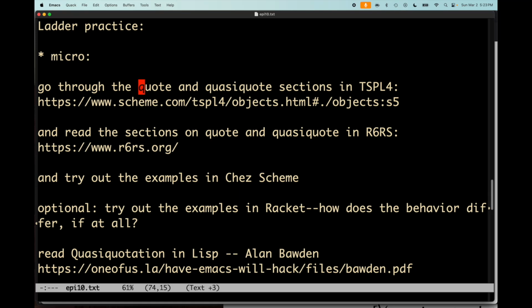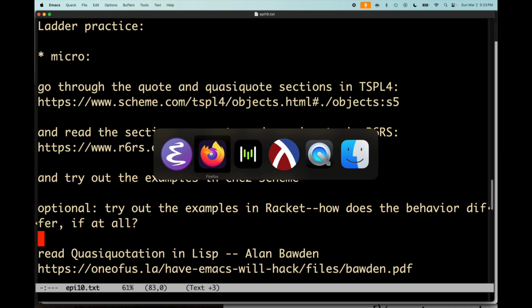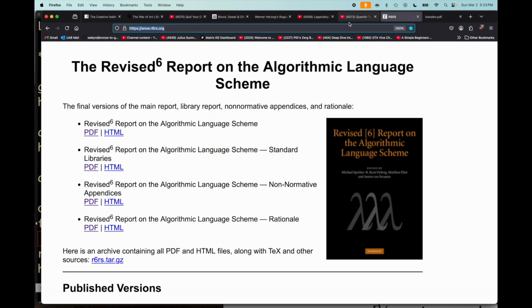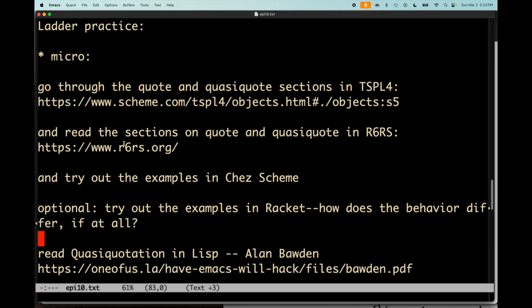So anyway, go through there, do what I did, try out some examples, right? Like I looked at The Scheme Programming Language, 4th edition, and it told me about what the syntax was, and I was surprised to find out I got a syntax error. So I still don't know what that is.